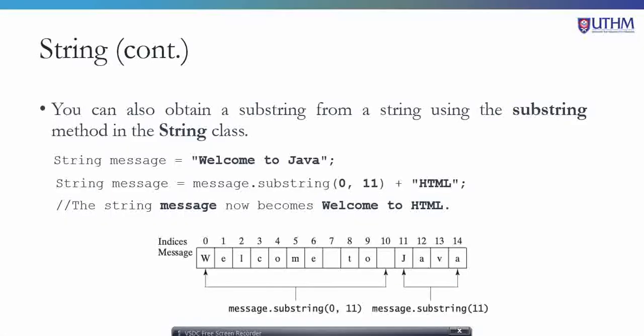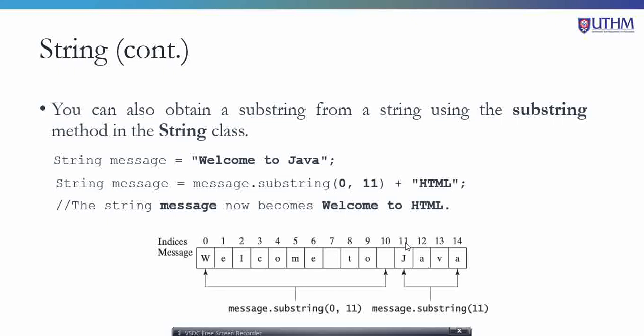Next, you can also obtain a substring from a string using the substring method in the string class. We have string message, welcome to Java, and message dot substring 0, 11, plus HTML. This refers to index 0 until index 11.